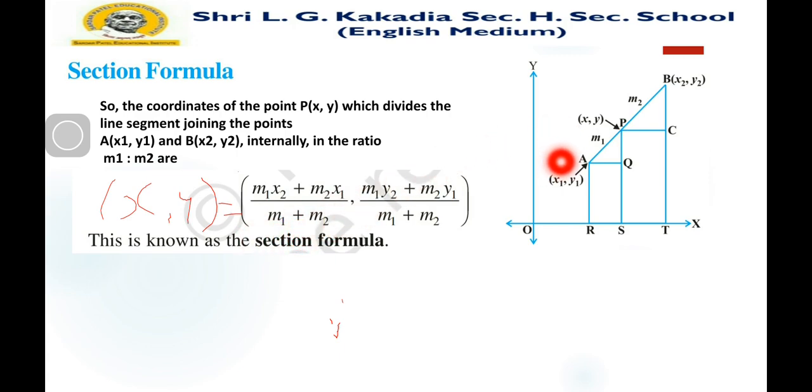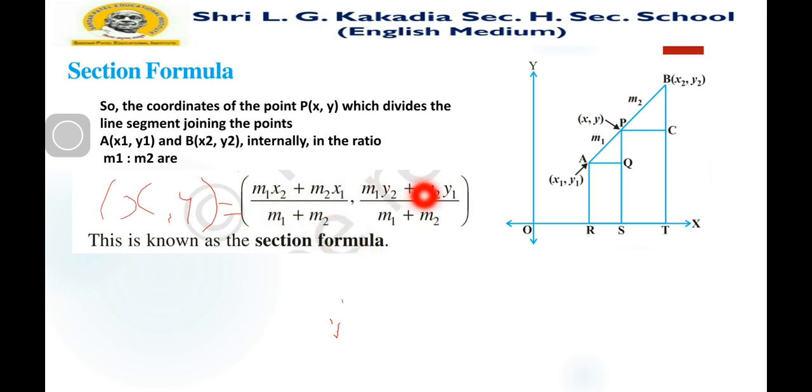Here the ratio is m1 is to m2, so the m1 part is the distance between A and P, and m2 is the distance between P and B. This is the x coordinate, and the y coordinate is given by m1 y2 plus m2 y1 divided by m1 plus m2.